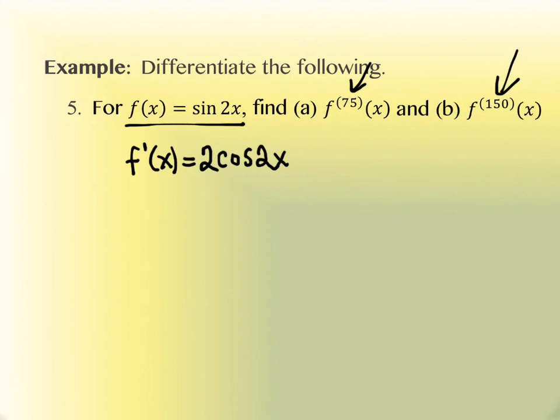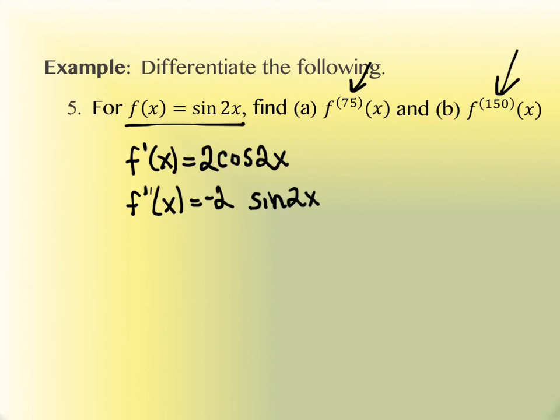We're going to do it again. We're going to find f double prime, the second derivative. The 2 is going to be part of my answer. What's the derivative of cosine? Negative sine. So I'm going to put the negative in front of the 2, and the sine of 2x here. But I still have 2x as the inside function.